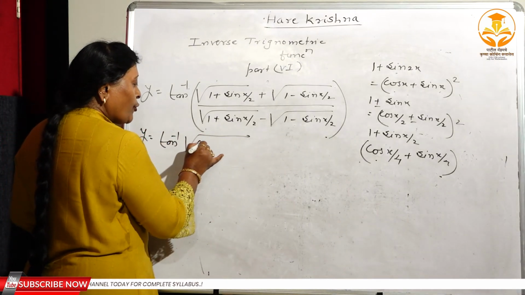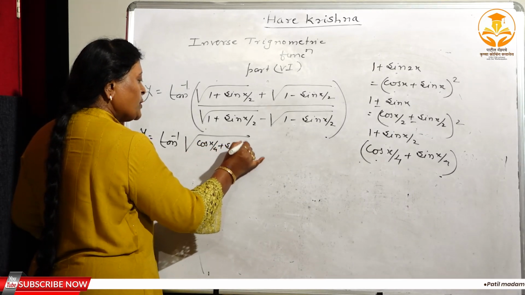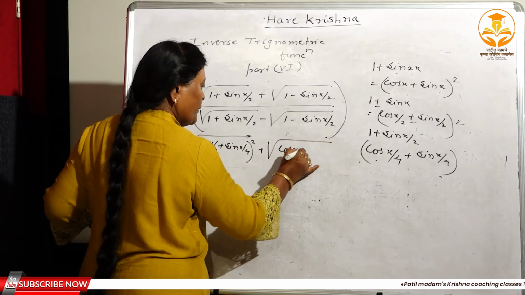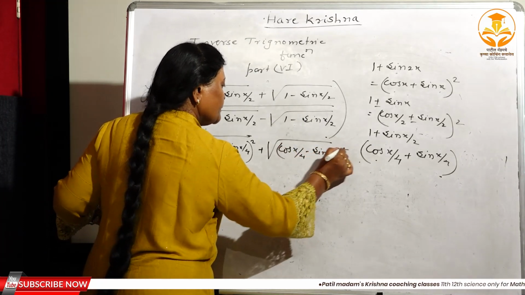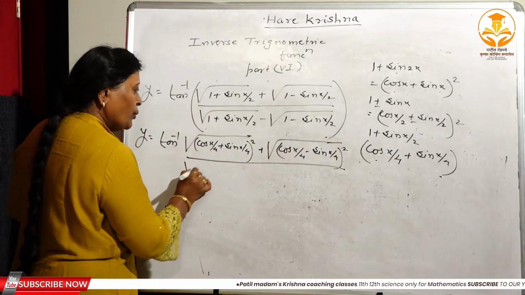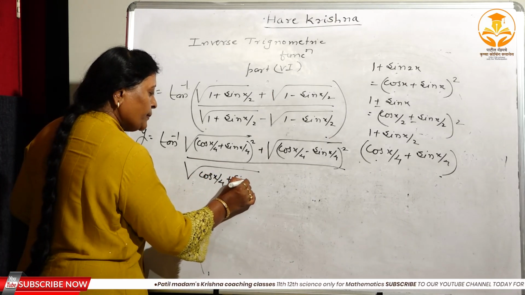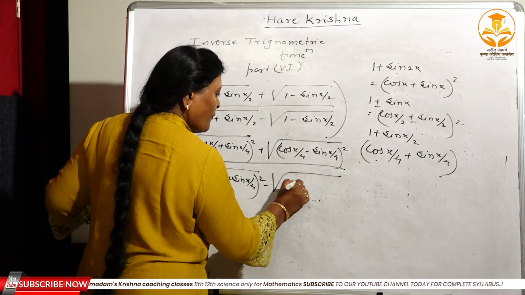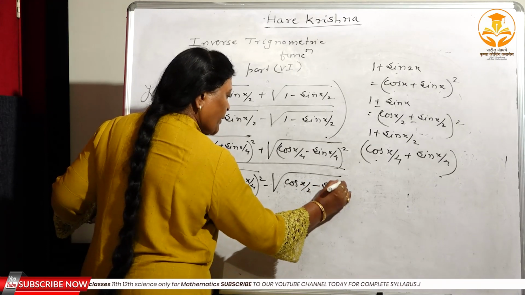Here you can write root of (cos x by 4 plus sine x by 4) whole square plus root of (cos x by 4 minus sine x by 4) whole square, divided by root of (cos x by 4 plus sine x by 4) whole square minus root of (cos x by 4 minus sine x by 4) whole square.